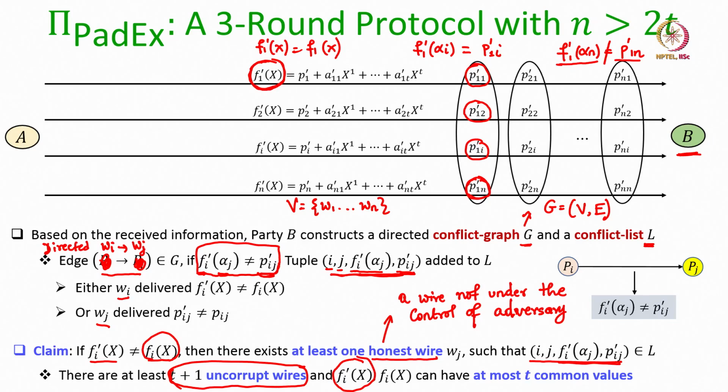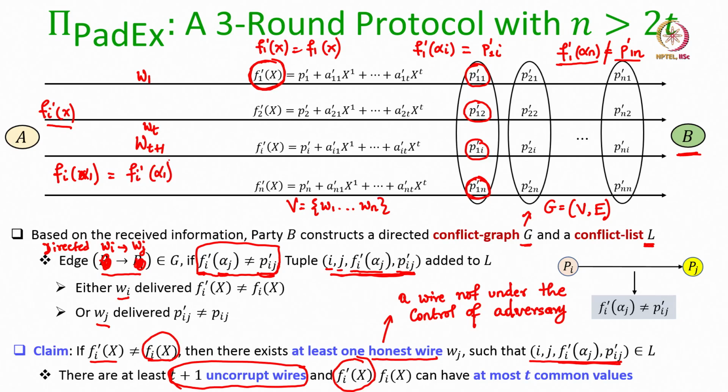So, for instance, if I take the first t plus 1 wires as the uncorrupt wires, W1 to W(t+1), and say the ith polynomial is changed, then it could so happen that the value of the actual ith polynomial at alpha 1 is the same as the value of the modified ith polynomial at alpha 1.